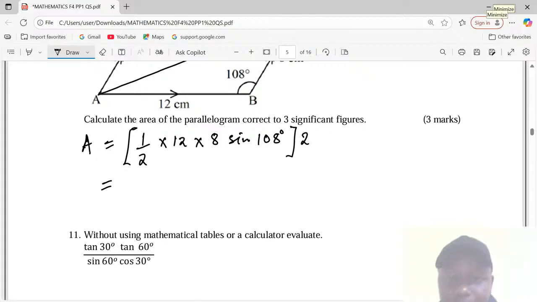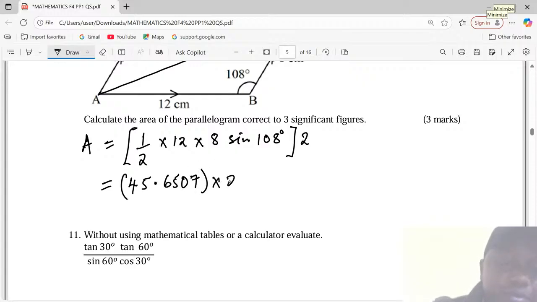So now we have 0.5 times 12 times 8, times the sine of 108. I'm having 45.6507 as the area of one, then times 2 to get the total. This is going to be 91.30, but we've been taught to 3 significant figures.